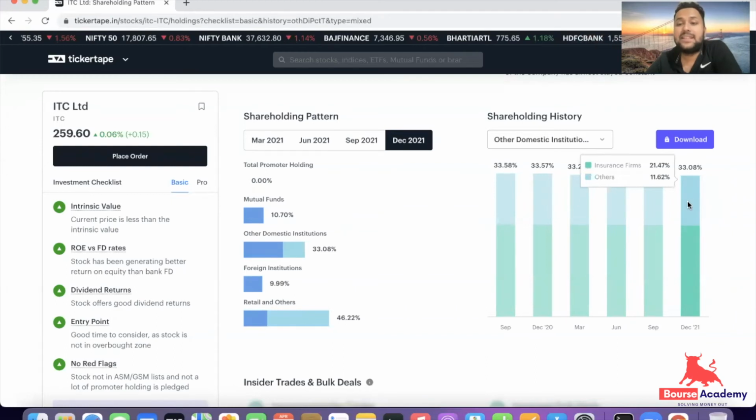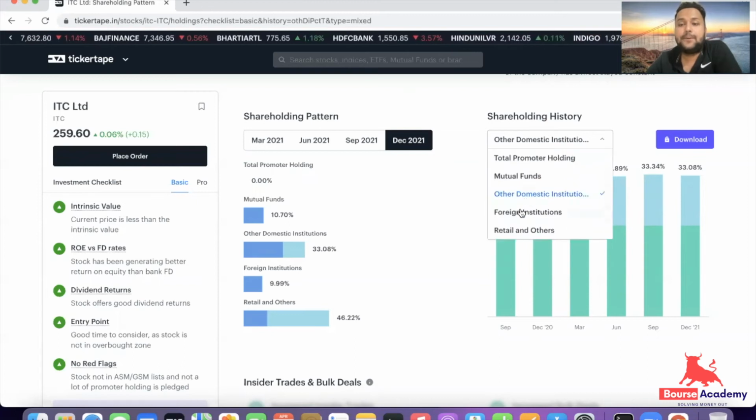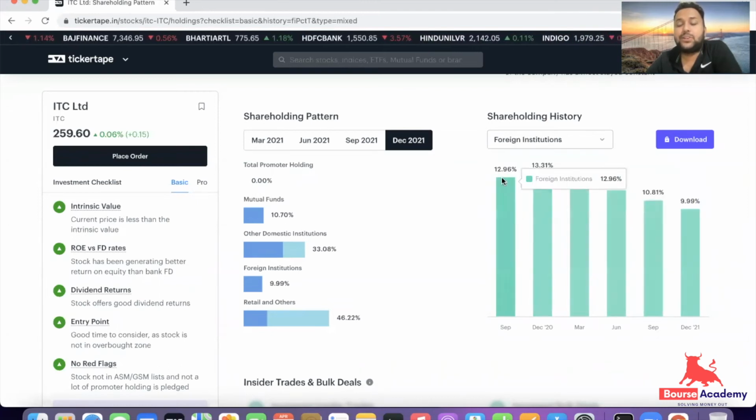You can clearly see that the domestic institutional investment in the stock is currently at 33%, which has been normally flat since the last 6 quarters. Only mutual funds have been slightly increasing their stake in the stock. If you see foreign institutions, they have decreased their stake drastically.